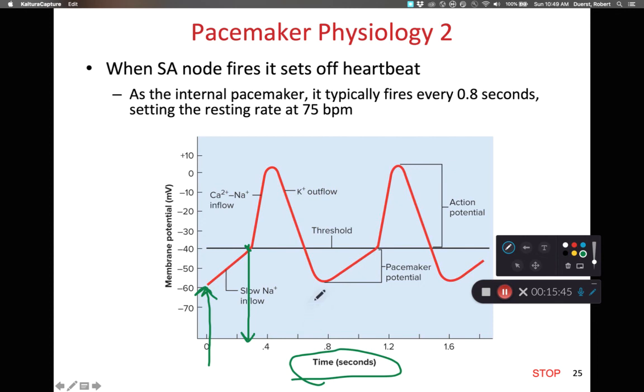And from time 0 to the time it takes us to get back there, we go from timestamp 0 to timestamp 0.8 seconds. So this is for a quote-unquote average adult. We're looking at about 0.8 of a second between action potentials being triggered by our pacemaker. This gives us a resting heart rate of 75 beats per minute on average.